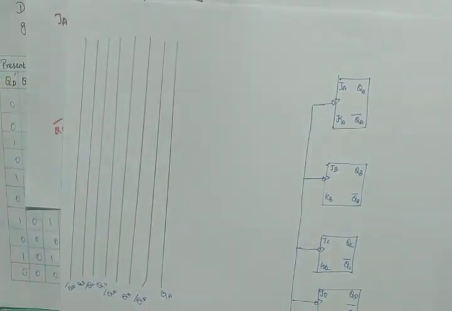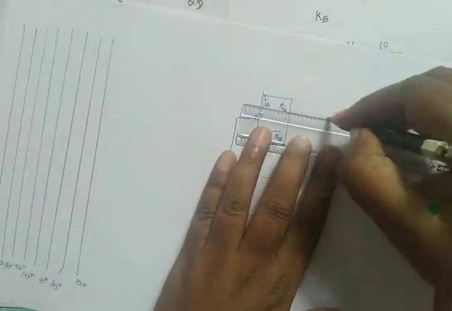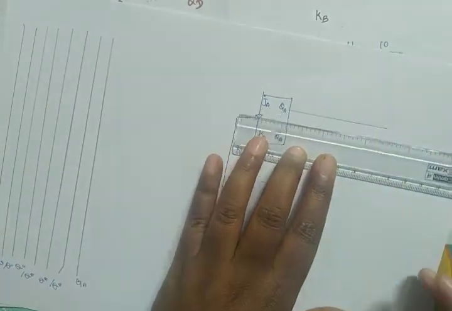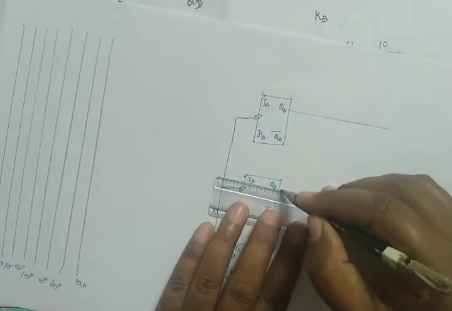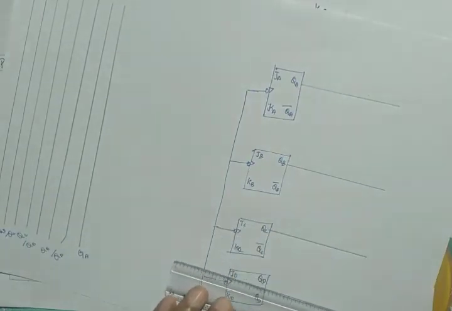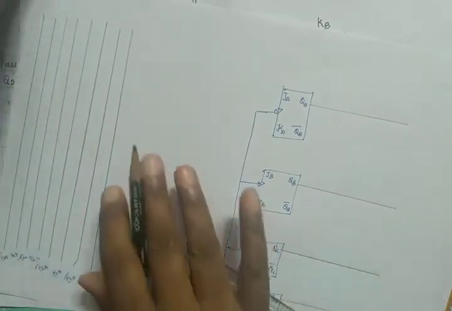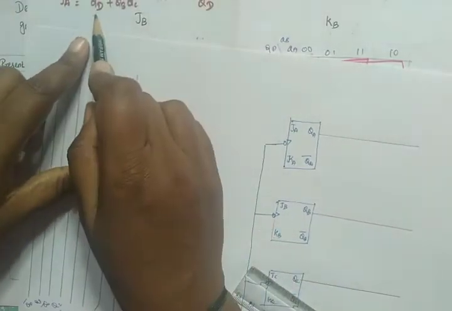Now what we have to do is, we have to represent this using this diagram. Then here this is QA, QB, because these are the outputs. QC, and here it is QD. Then the next one is, what we have to do is check this diagram. What is JA?